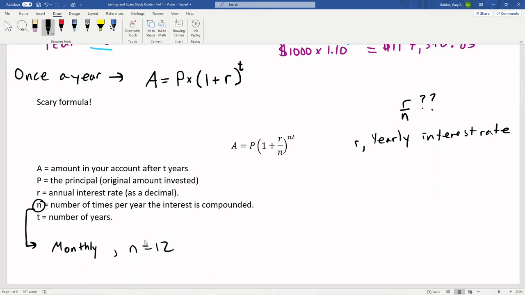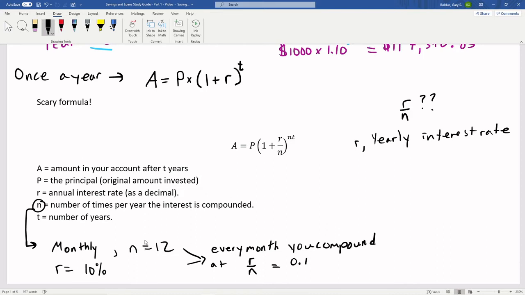So in this case, if R is, we'll just do 10% again, then every month you compound, but not at 10%. You do it at R over N, which would be 0.10 over 12.